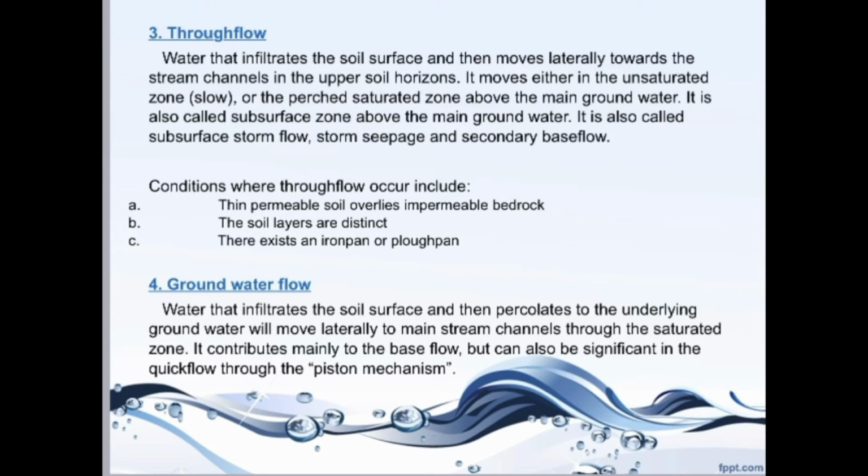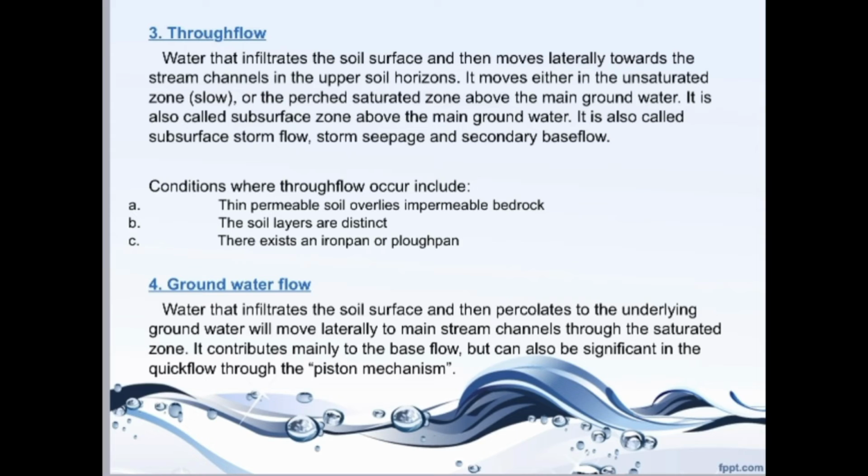It moves either in the unsaturated zone or in the perched saturated zone above the main groundwater. It is also called subsurface storm flow, storm seepage, and secondary base flow.